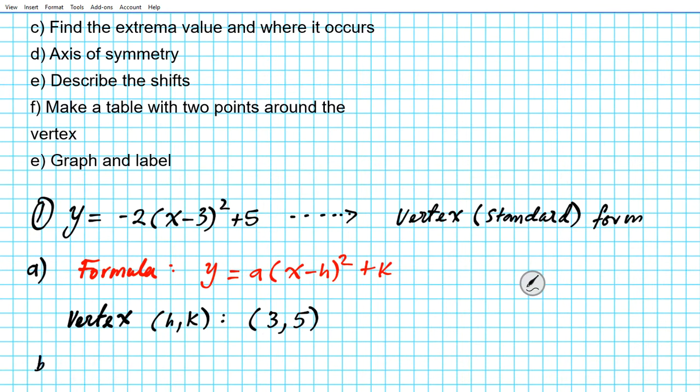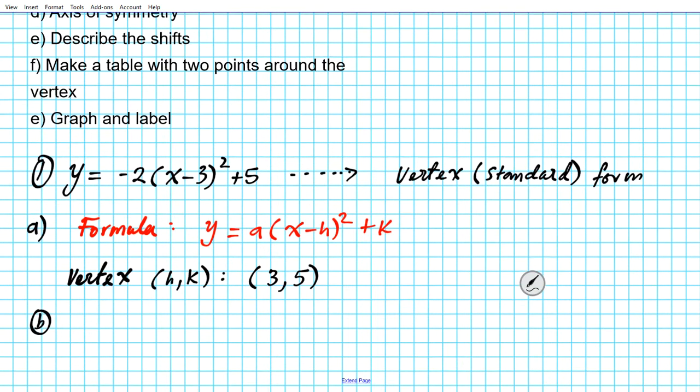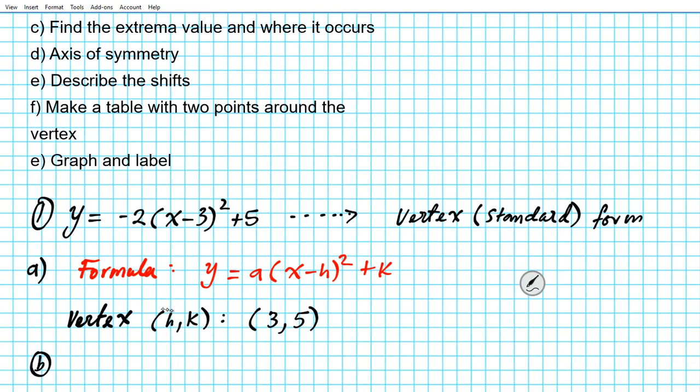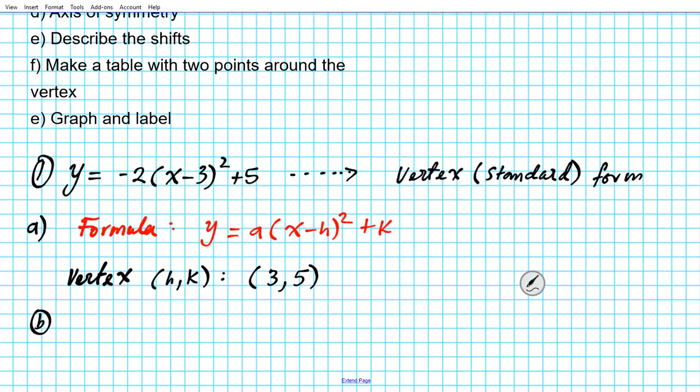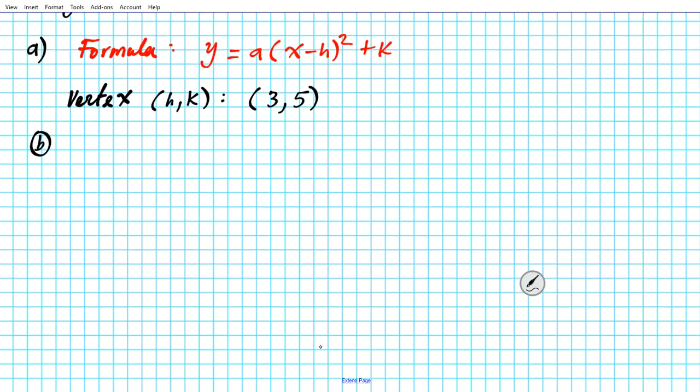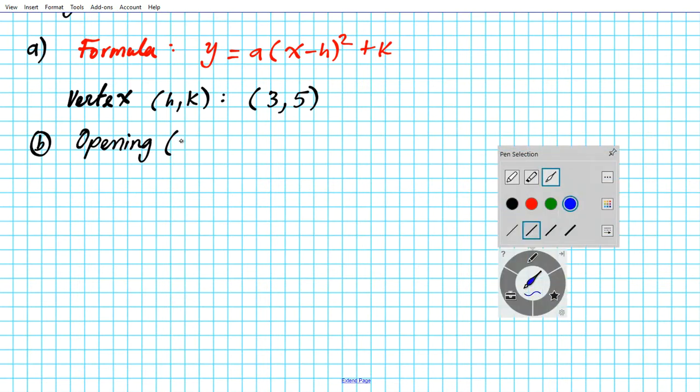Next thing we need to find is the opening of the quadratic function. What determines the opening? Well, the sign of a determines the opening. So for opening, we're looking at the sign of a. Is it positive or is it negative? That's the question.